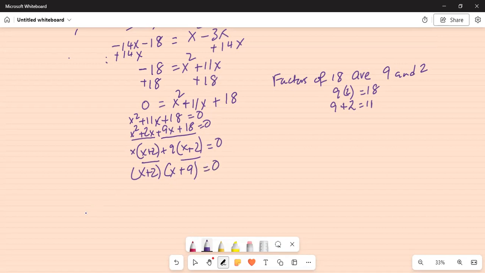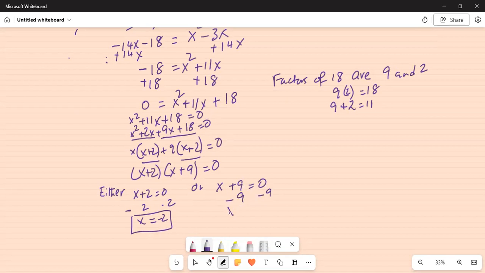So either x plus 2 is equal to 0, and if you subtract 2 on both sides, x is equal to minus 2, or x plus 9 equal to 0, subtract 9 on both sides, x equal to minus 9.